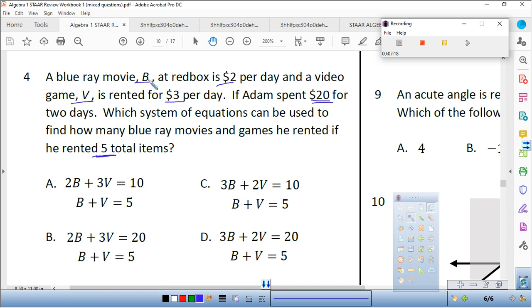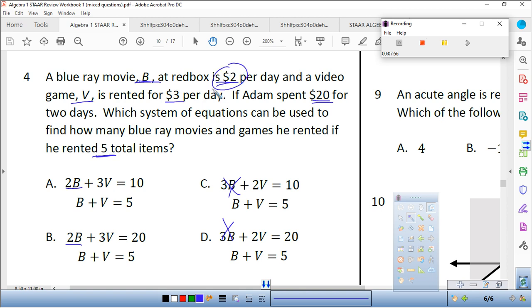So a Blu-ray movie B at Redbox is $2 per day, and a video game V is rented for $3 per day. If Adam spent $20 for 2 days, okay, so $20 for 2 days, and that's going to be with these dollars. So I'm going to go with 2B, look for 2B, good, good. Honestly, this always works like this. And 3V, good, good.